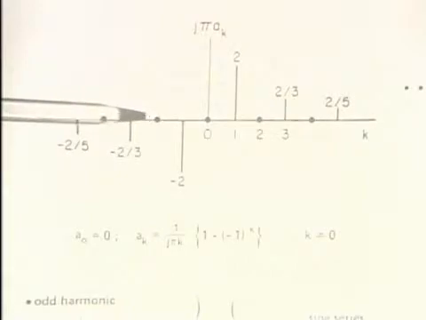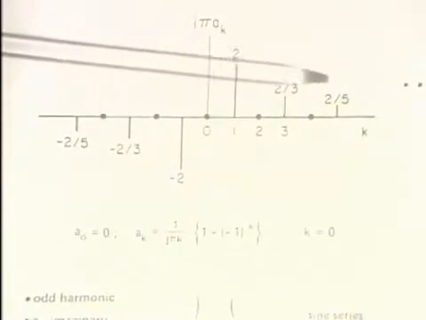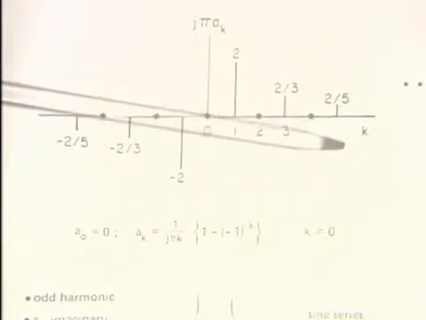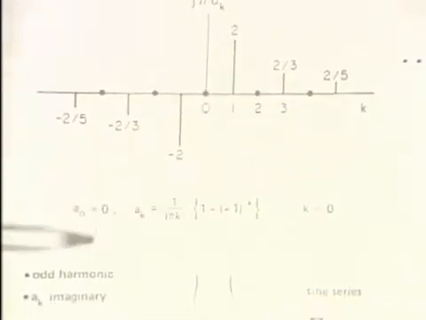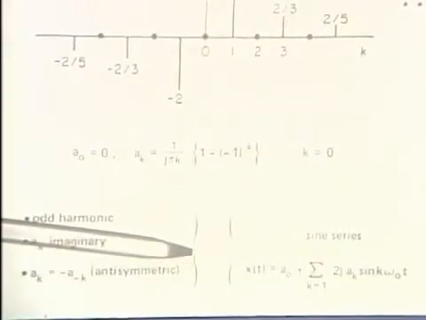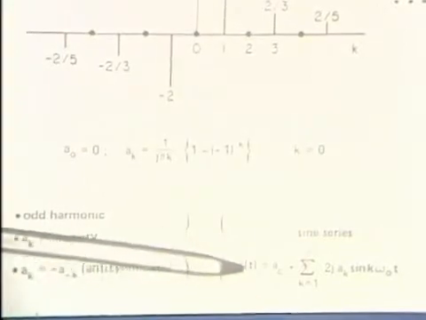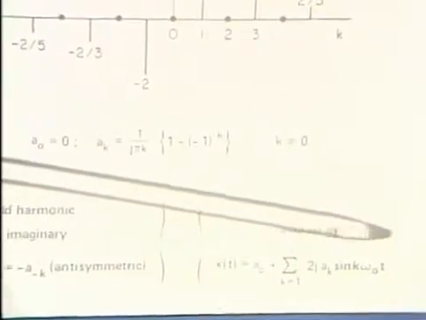And what that results in, when you look at the trigonometric form of the Fourier series, is that if you put the terms all together, those conditions lead you to a trigonometric representation which involves only sine terms. In other words, no cosine terms.